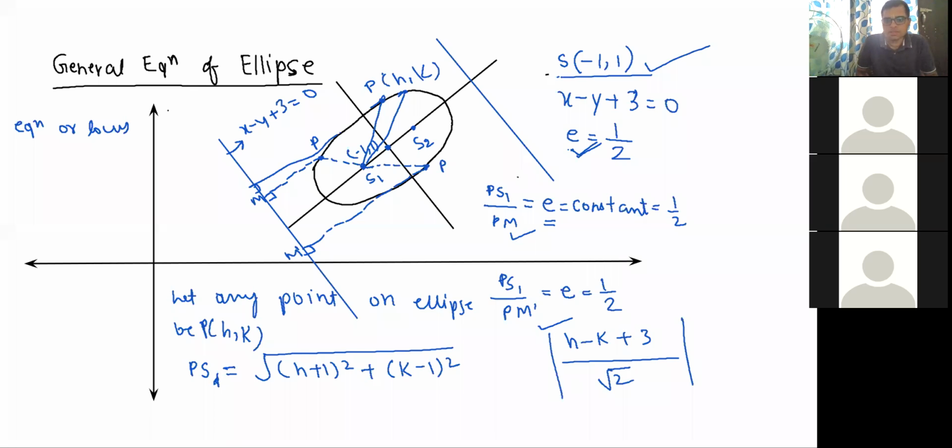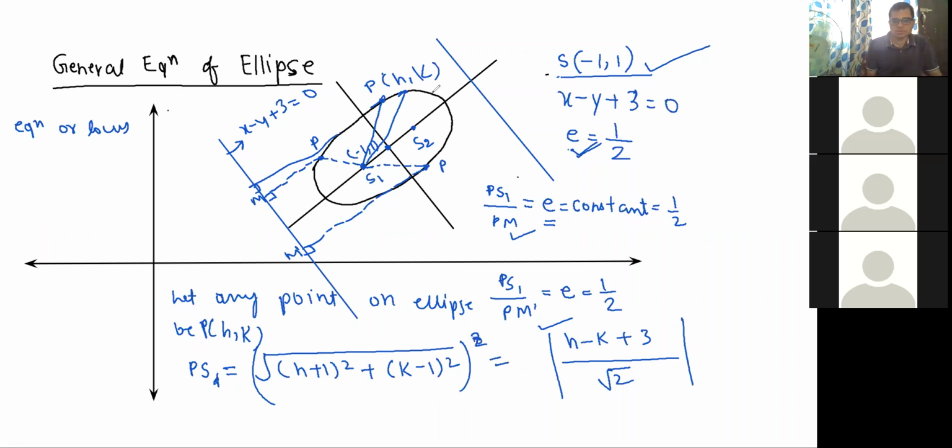Okay, so this is the distance, and now you square both of them so that the root is removed and equate. The ratio is equal to 1 by 2.